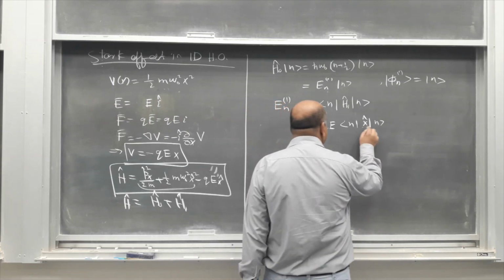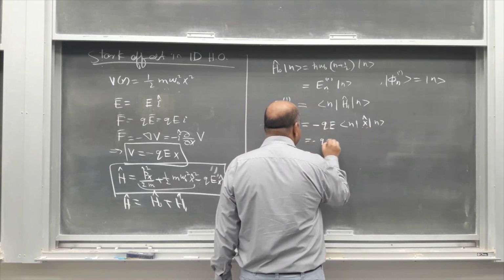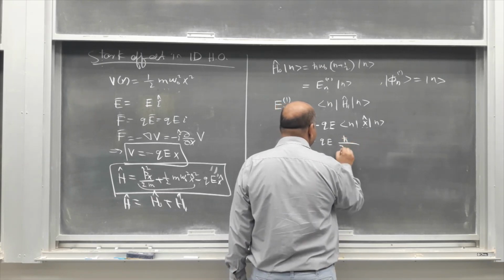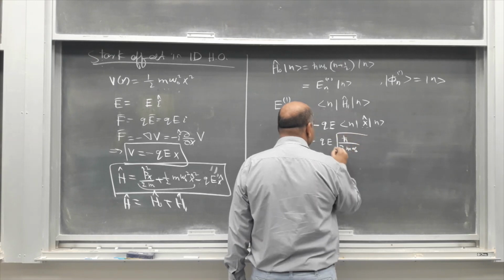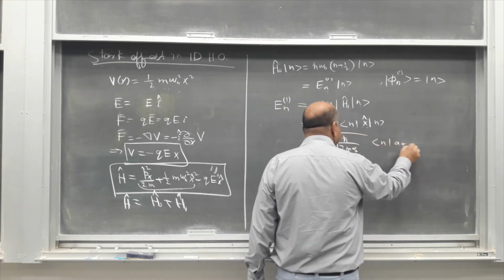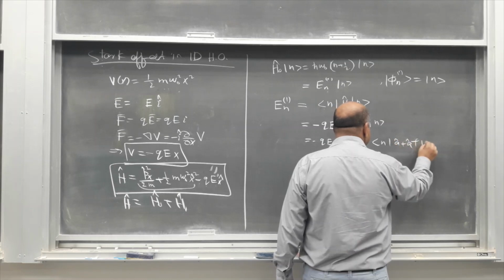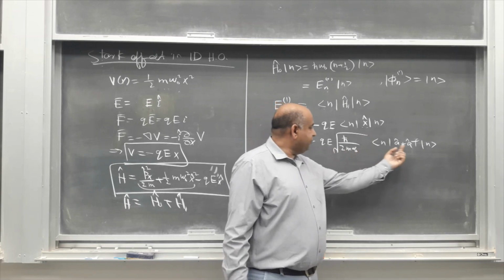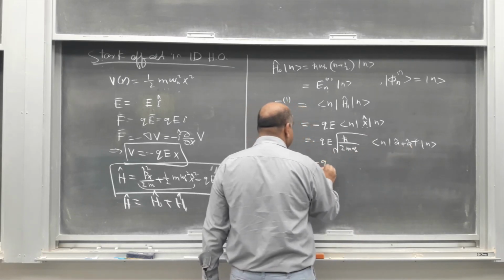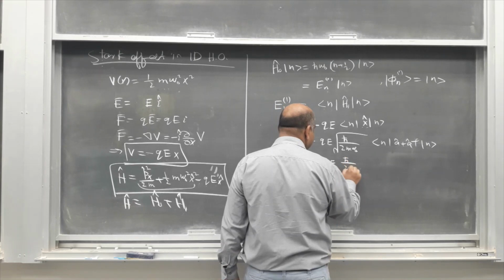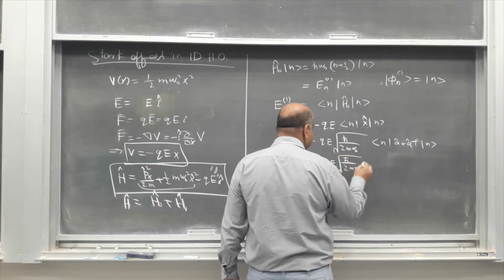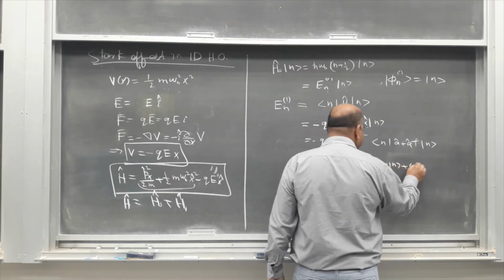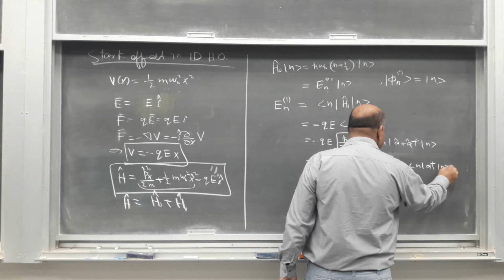Now this x hat operator, we can express it in terms of raising and lowering operators, because this is equal to the square root of h bar over 2m omega naught times (a plus a dagger), because this x is equal to this into a plus a dagger. So this I can quickly write like this. So this will become <n|a|n> plus <n|a dagger|n>.